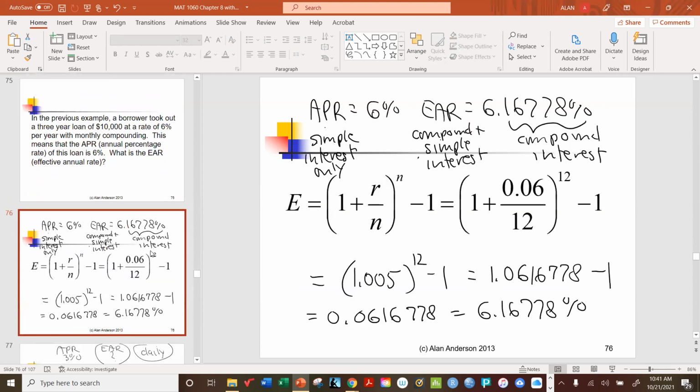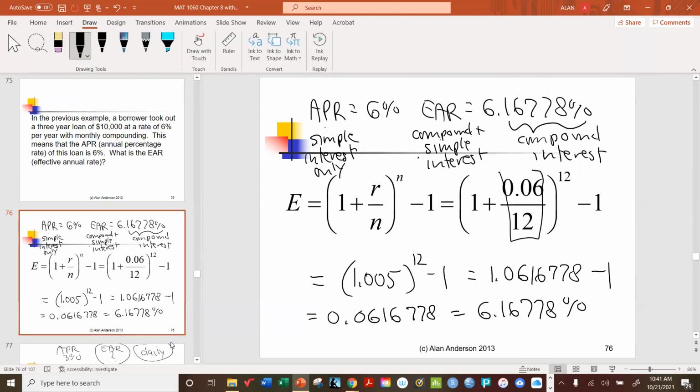So we plug in the numbers, and you can see that just like with the formula for the future value, you want to simplify this as much as possible. That ratio is equal to 0.005 or 0.5%. So you're taking 1.005 raised to the 12th power, then you subtract the 1, because the 1 represents the return of principal.